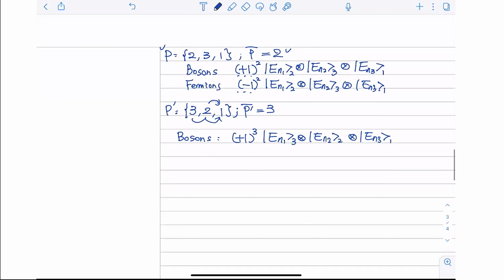But for fermions, this term will make a difference. It will be minus 1 to the cube, which gives us a different space vector when we try to form a linear combination, or when we try to anti-symmetrize the wave function.